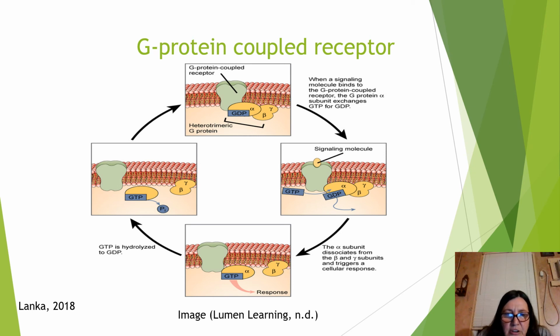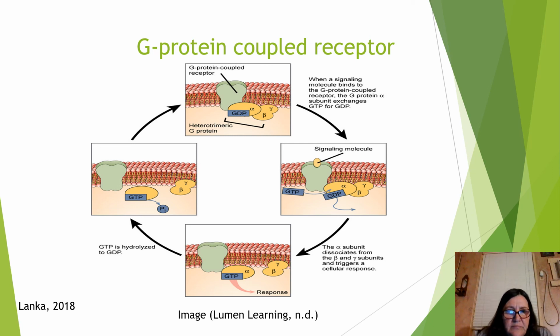So here it's showing there's no response here. But when the signal molecule binds to the G protein, then the alpha subunit exchanges the GDP for the GTP. Then the alpha subunit here, see, they're connected here. Then when that happens, it shows that the alpha subunit dissociates away from the beta and the gamma subunit.